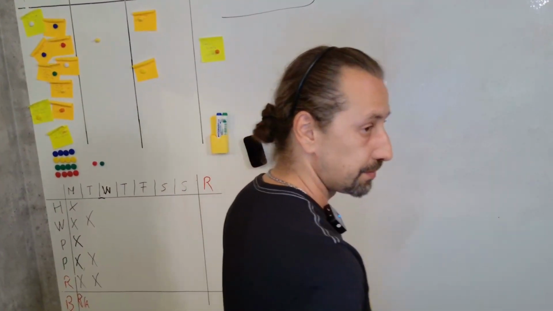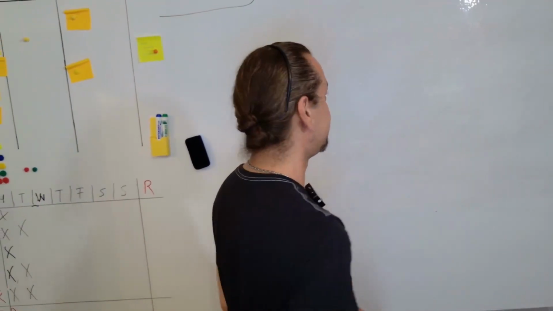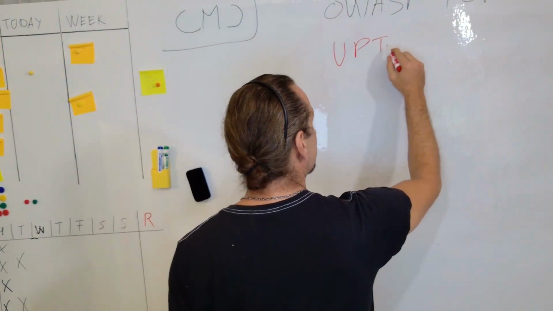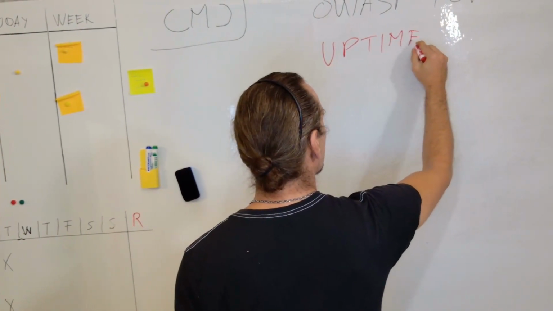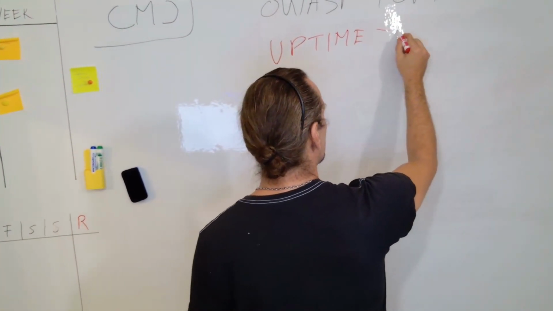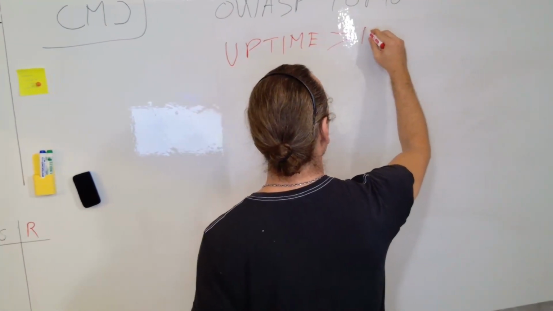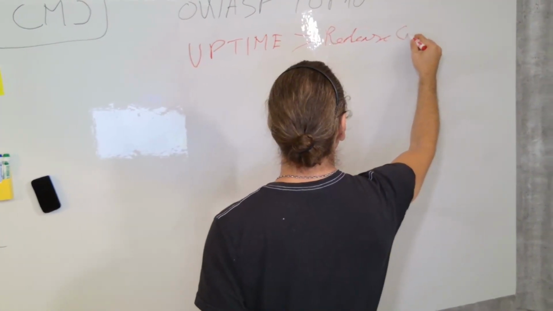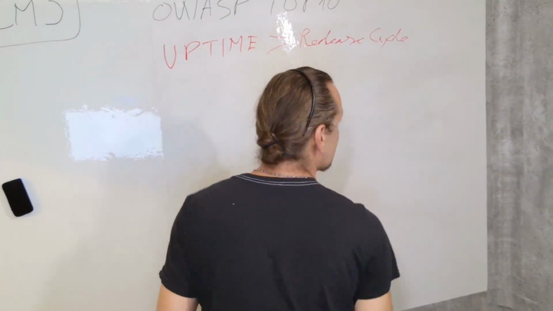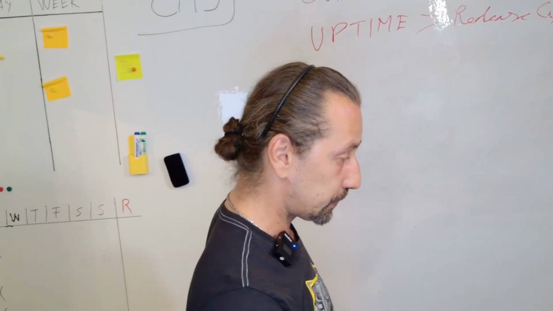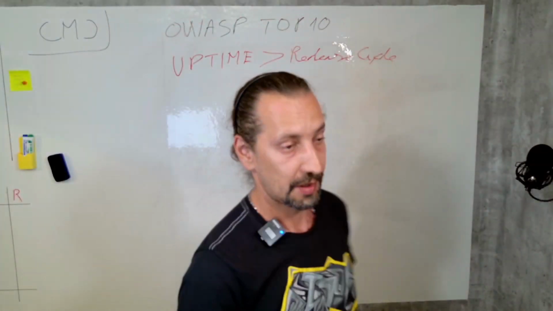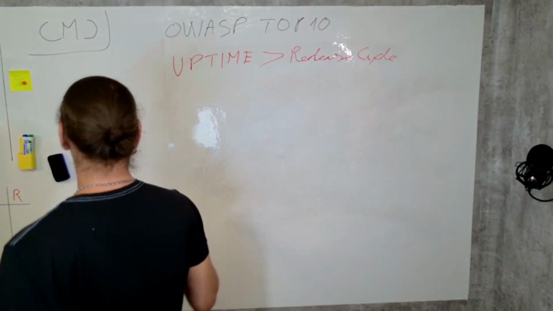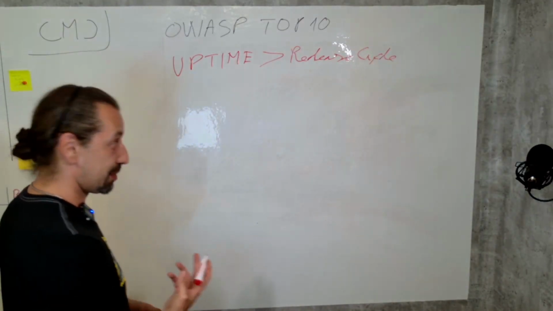So, the security metric. If uptime is more than the release cycle, that's probably an indicator of a security problem.